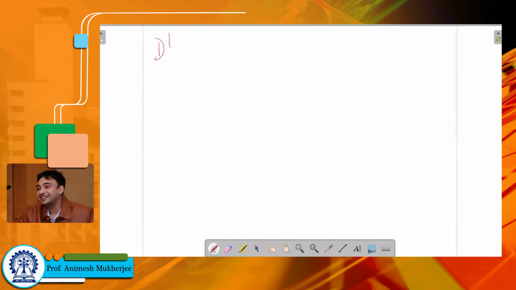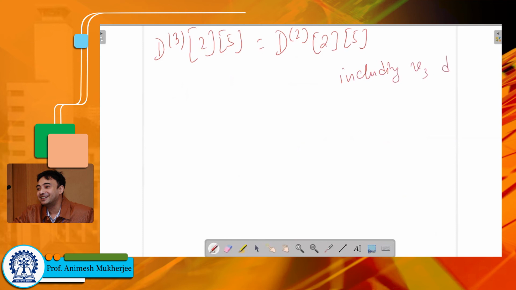Similarly, you can compute d3 2 to 5. This is again equal to d2 2 to 5, since introduction of V3 does not yield any new path from V2 to V5.